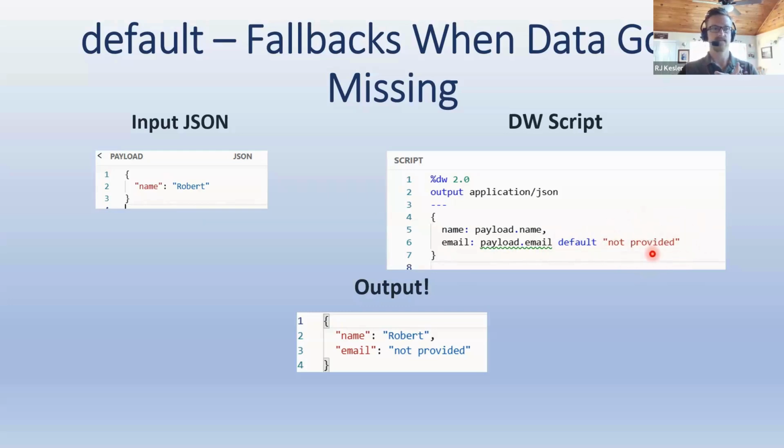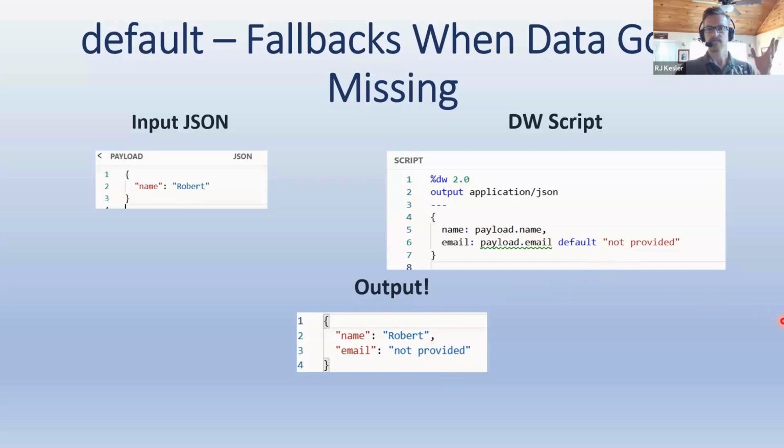That could say anything. This could say there wasn't an email, or you don't get an email today. In this case, we put not provided, and that is what it gave us in our output. We got our name because it was there. We did not get an email, and it gave us this information right here saying not provided.